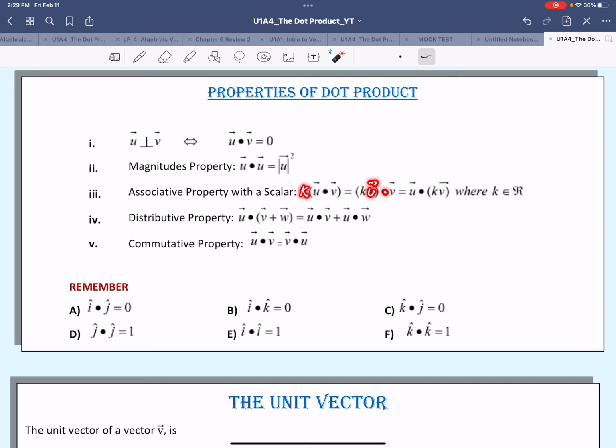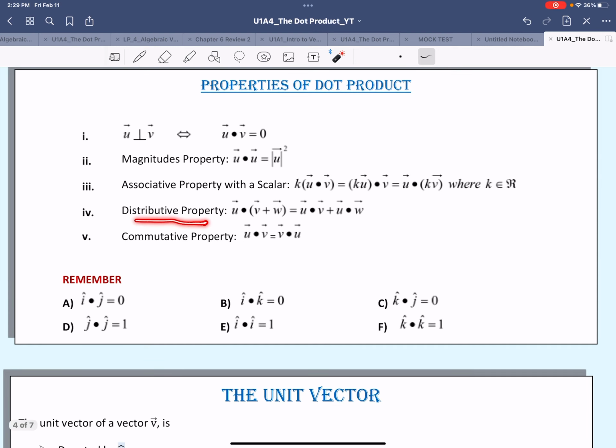You can take turns, so you can say k times u dot v, so we can attach k to u and then multiply our dot product by v, or we can dot product u with the multiple kv, where k is again a scalar, any real number.